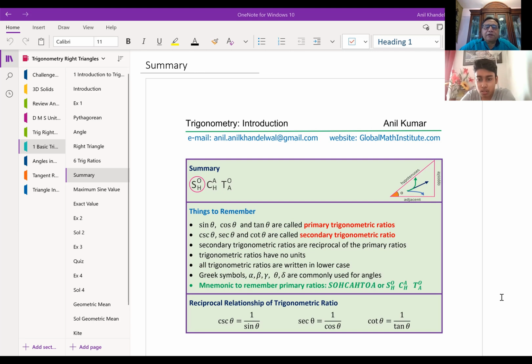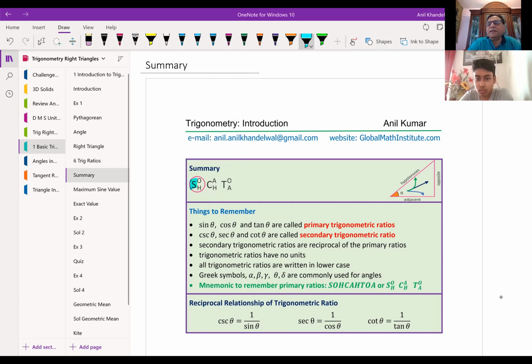So the primary trigonometric ratios, we understood sine, and to remember what sine really is, we have an acronym here, SOHCAHTOA. Sine is the ratio of opposite to hypotenuse, correct? So in a particular triangle, as you can see here very clearly, the side which is opposite to the angle.